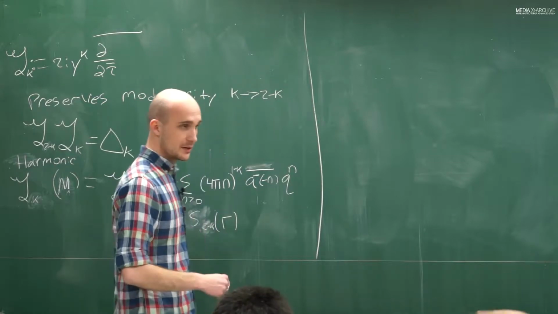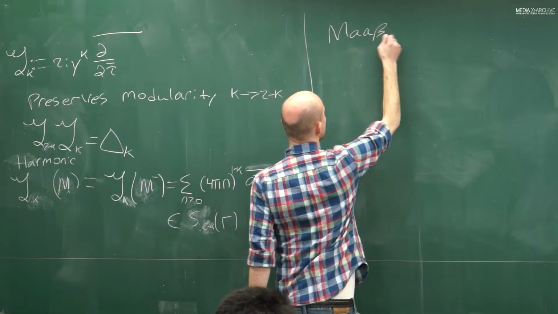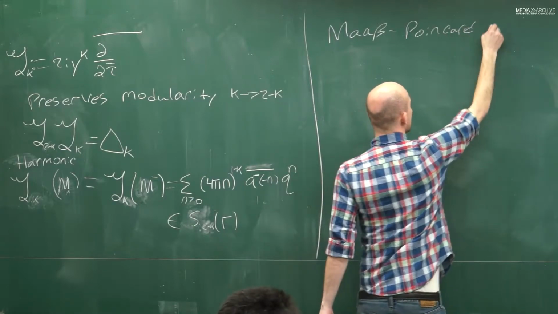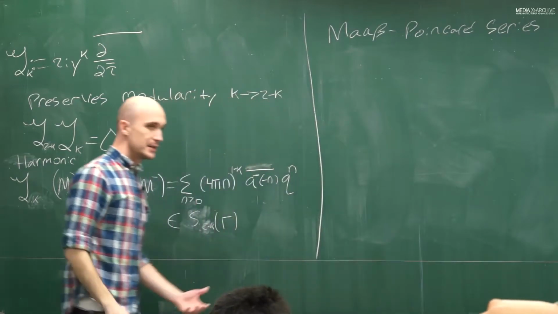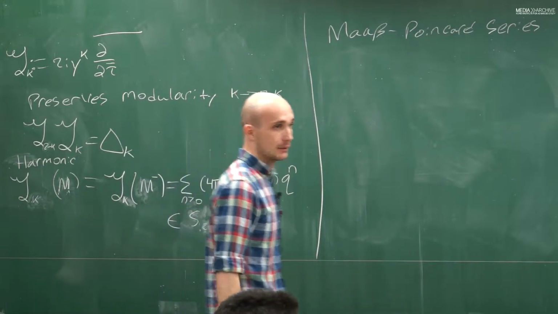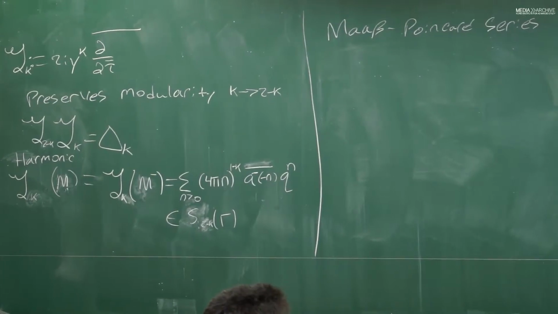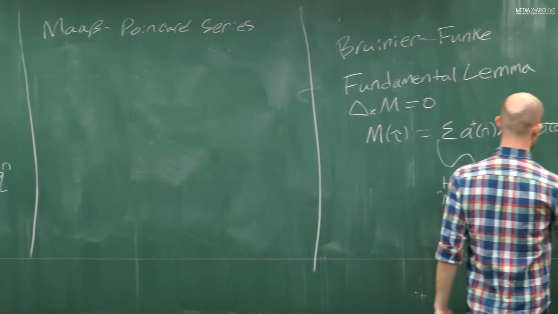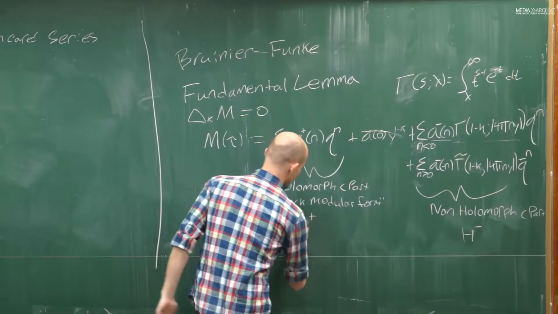The next thing I wanted to talk about is the Maass-Poincare series. So this is a way of creating a basis for a space of harmonic Maass forms. Here M minus has 2 parts. Sorry, I'm using H's and M's, so let me change these to M's.